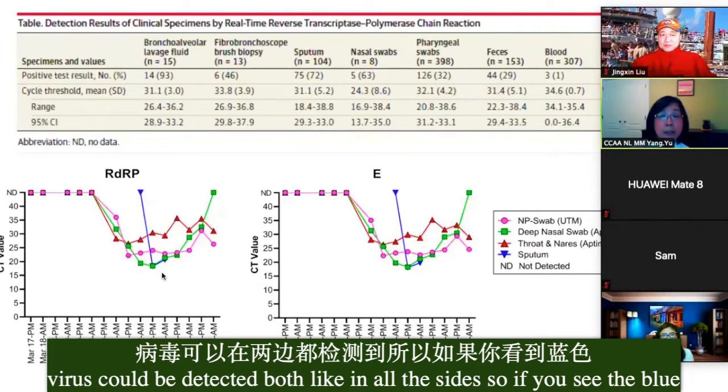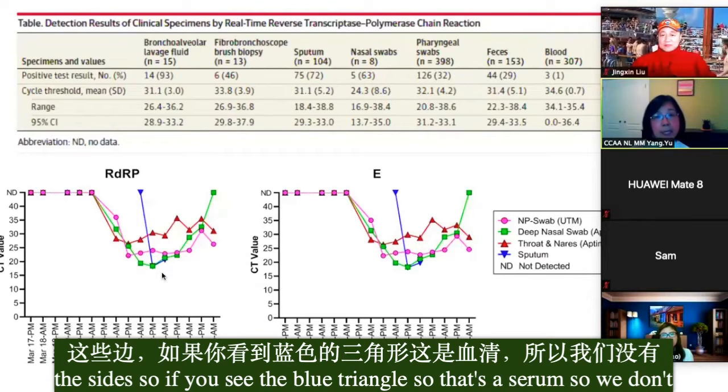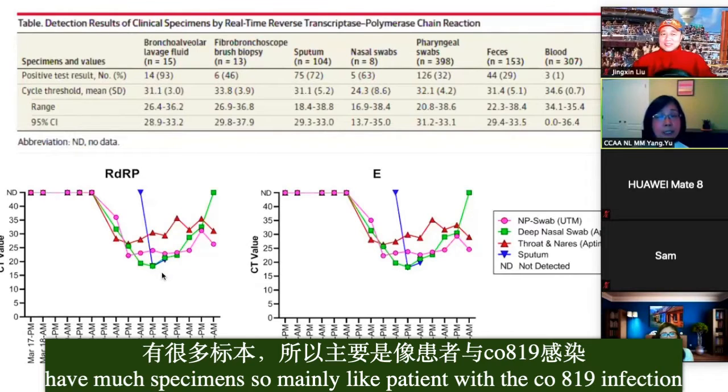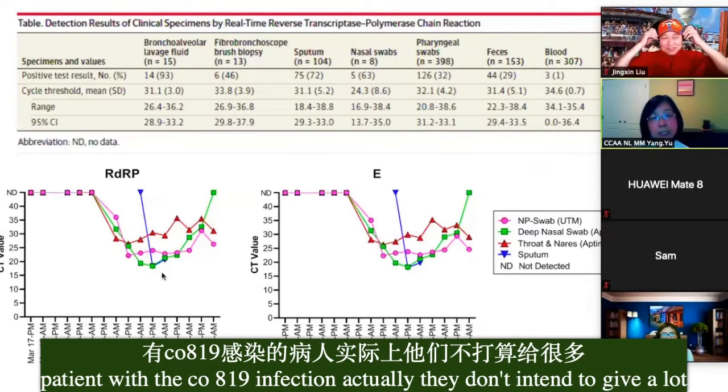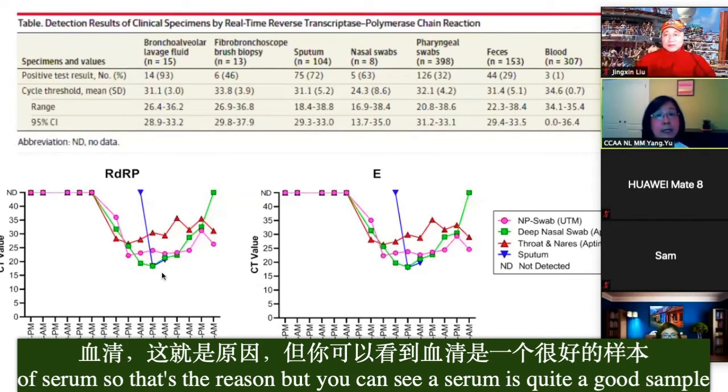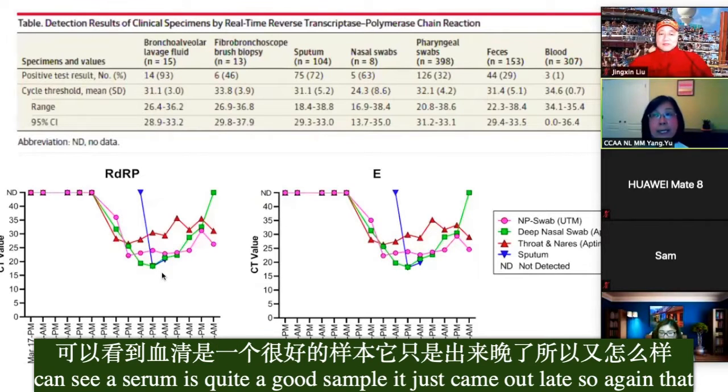If you see the blue triangle, that's sputum. We don't have much specimen, because patients with COVID-19 infection don't tend to give a lot of sputum. That's the reason. But you can see sputum is quite a good sample, it just came out late.